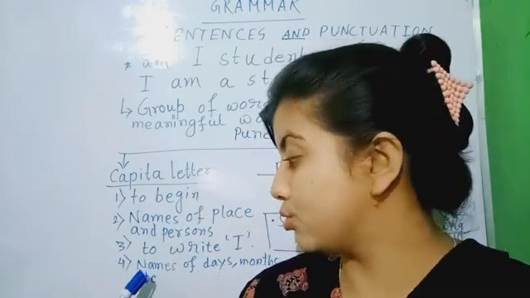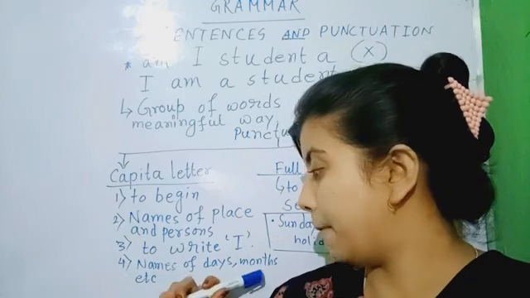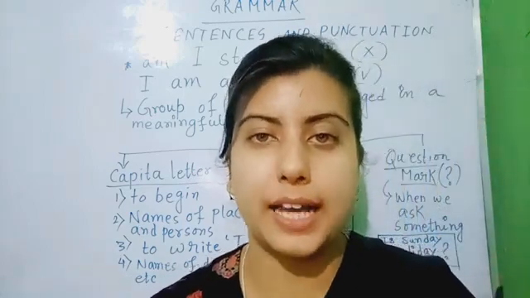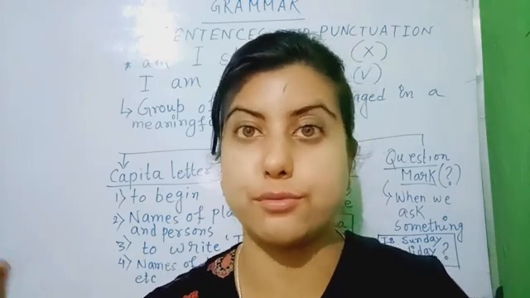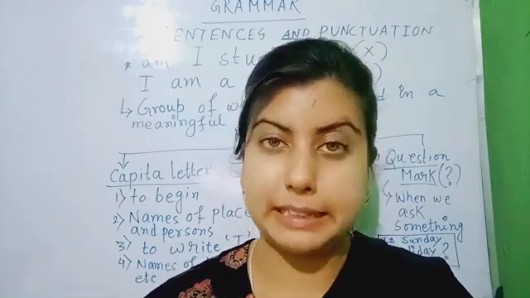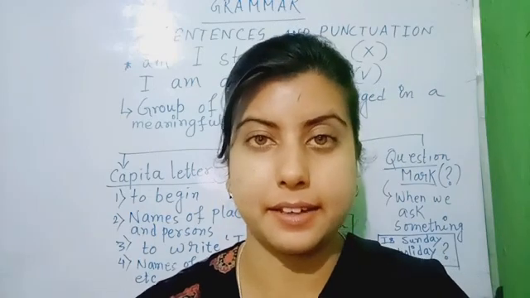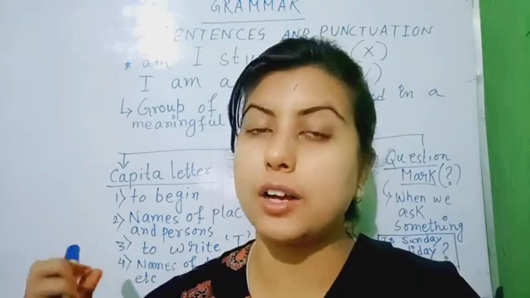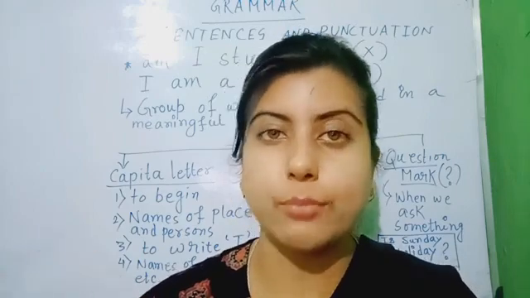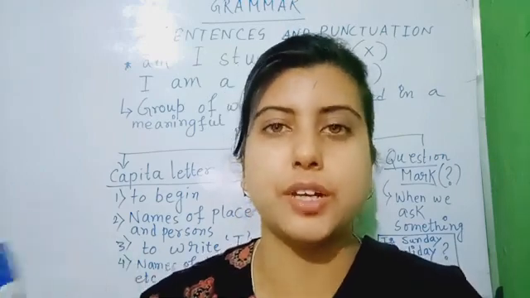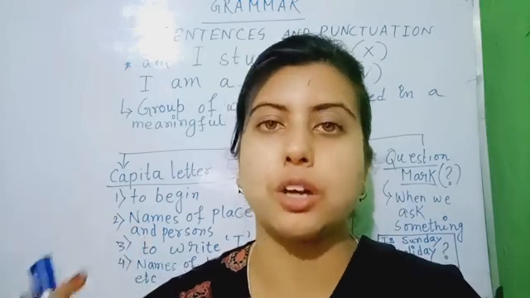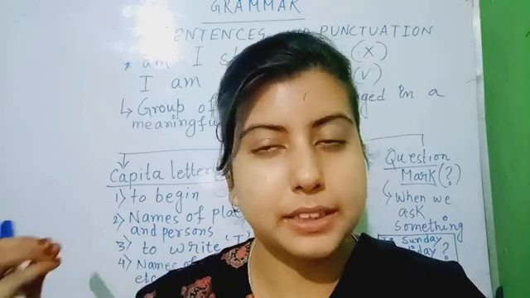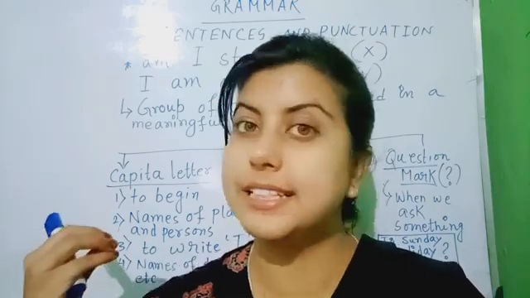And the last rule, names of days, months, etc. If you are going to write the names of days of the week, Sunday, Monday, Wednesday, any day, you will use a capital letter. And if you are going to write the name of months like January, February, March, August, we will use a capital letter to begin that name.